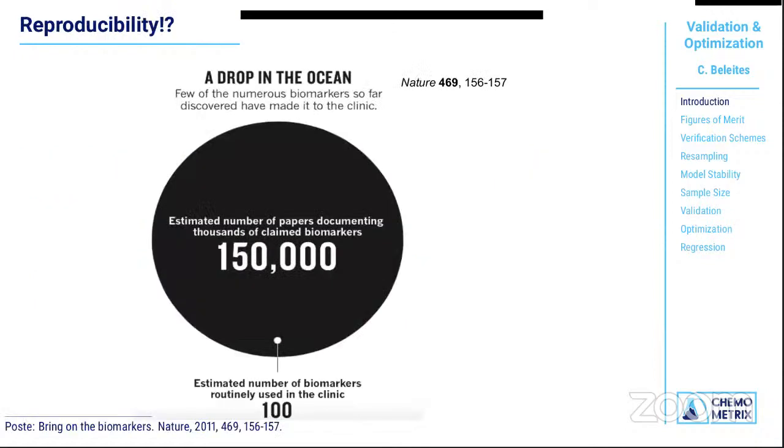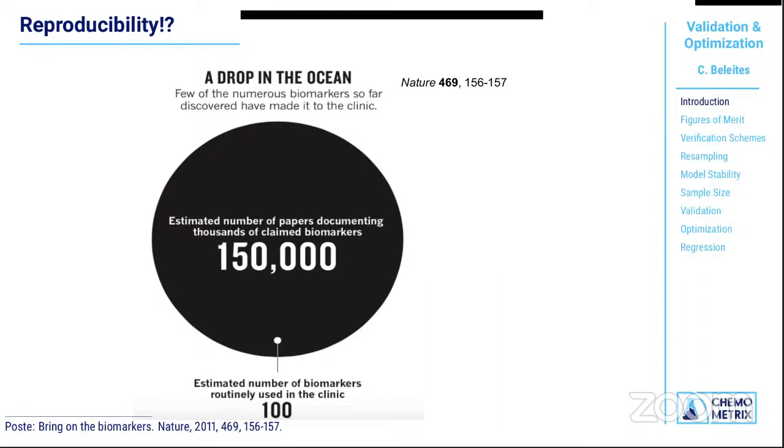Why is this important? This is an example from a paper in Nature 10 years ago that was concerned with reproducibility of medical studies. Basically, they did a literature search and estimated that some 150,000 papers are out there that claim to have found some kind of biomarker for some kind of disease, which is, in a way, a wet-lab equivalent to us saying that we have a machine learning model that can detect cancer or whatsoever.